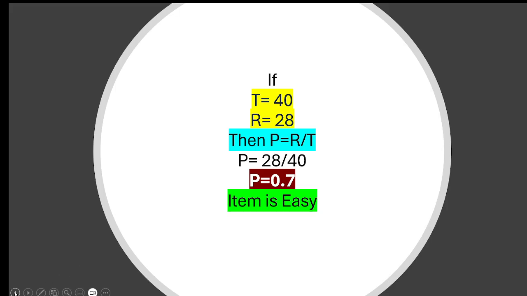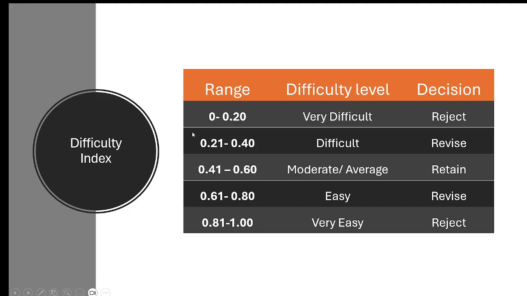On what basis have I mentioned it? For this we have to refer to this table of difficulty index. If the range of P lies between 0 to 0.20, then the difficulty level of that item is considered as very difficult. If the range of P value is 0.21 to 0.40, it is considered as difficult.